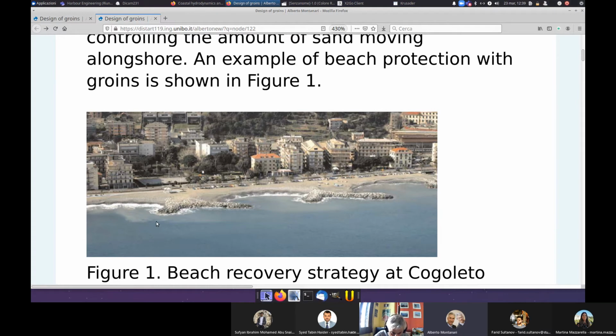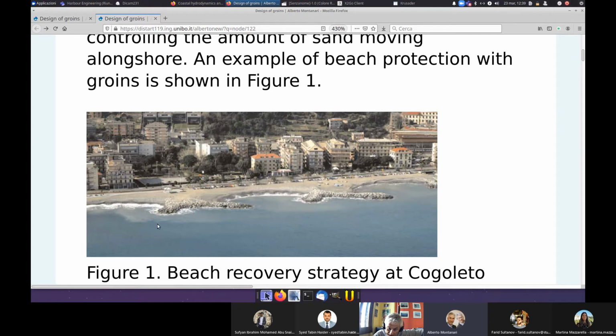Why is that? Because downdrift, you have more erosion. If the downdrift part of the groin were displaced with the head landward rather than seaward, you would favor erosion on the downdrift side.